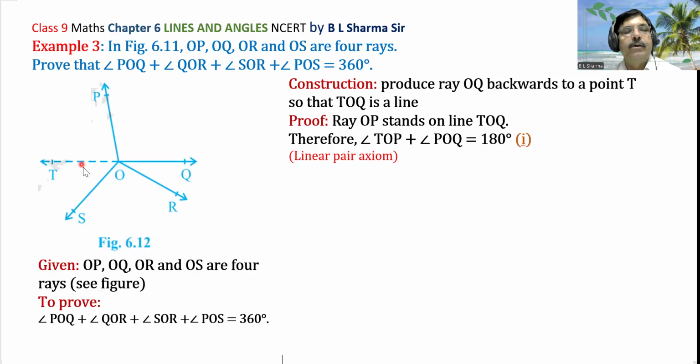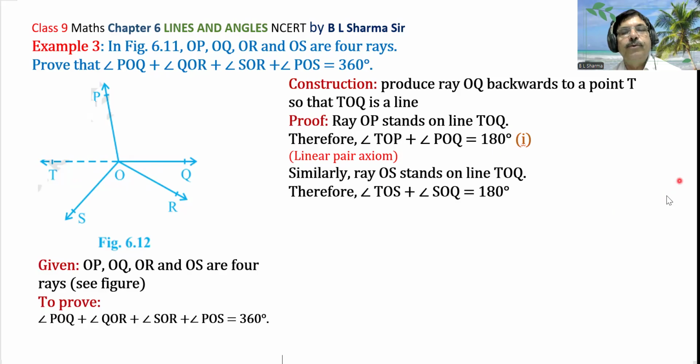Similarly, all these angles sum will be 180 degrees. Similarly, OS stands on the line TOQ, therefore angle TOS plus angle SOQ is 180 degrees.